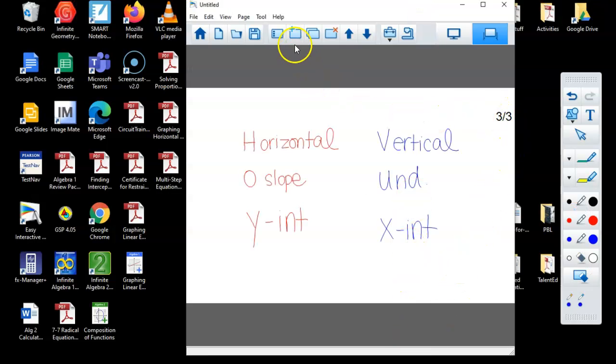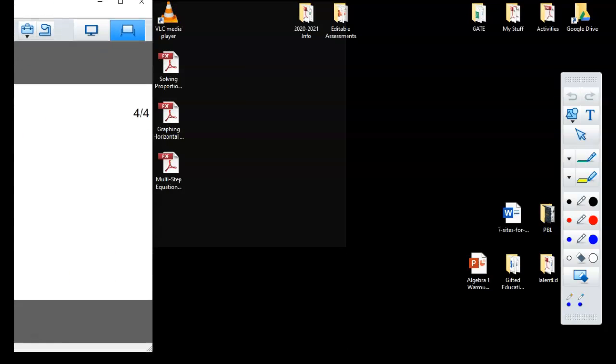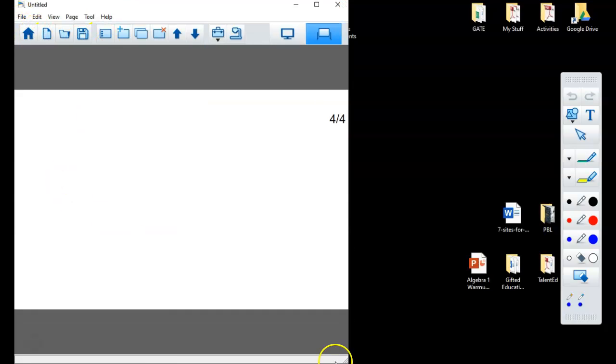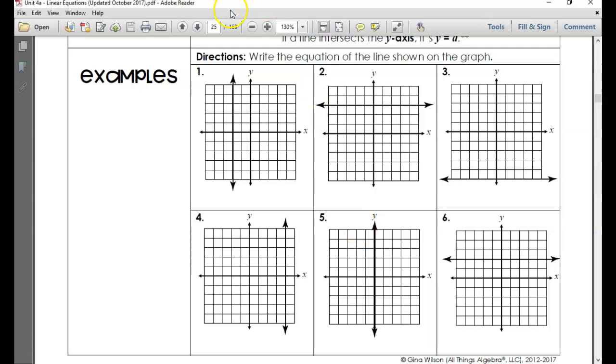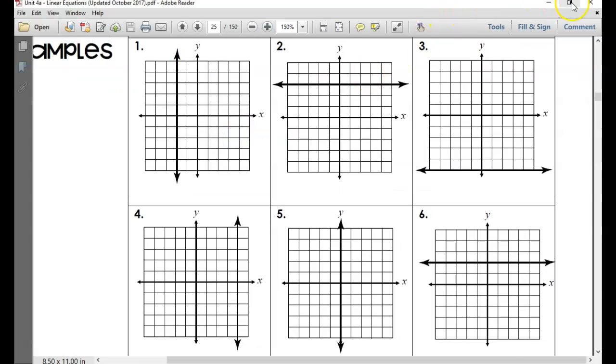All right, so let me get set up here to show you some examples of what you're going to be doing today. So I'm going to have to do a little rearranging here on my board. So if you'll give me just a second to get that done. Enlarge these just a bit.